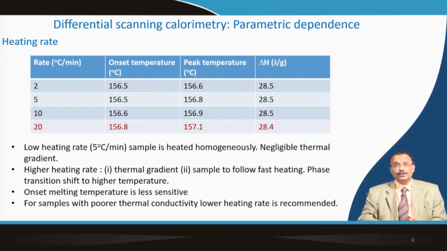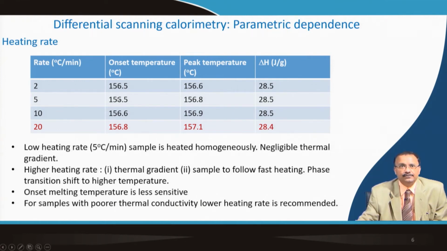For samples having poor thermal conductivity, a lower heating rate is always recommended. So, it is a typical example for a particular metal, and this metal, indium, is used as one of the standards for DSC calibration. You can see the heating rate is increased: 2, 5, 10 and 20.